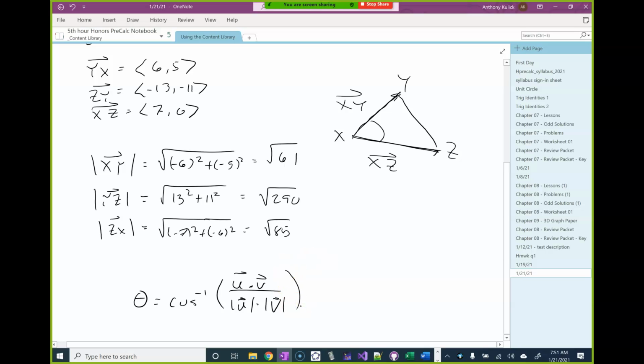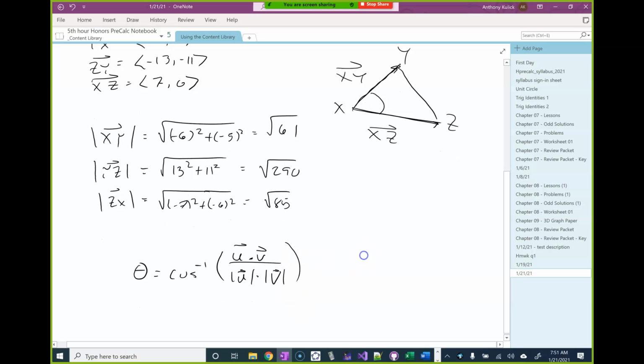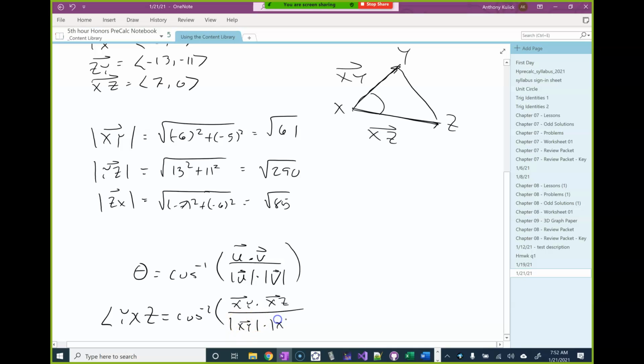That's the formula. So in this case, if I want the angle y, x, z, that's going to be cosine inverse of xy dot xz over the magnitude of xy times the magnitude of xz.